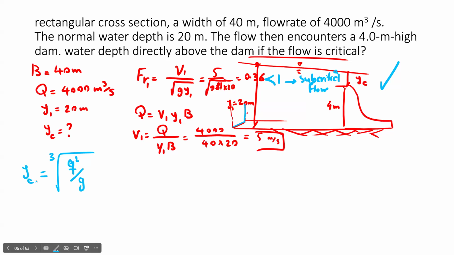I don't have q, but I can easily find that. How? Q over B is a small q, which is 4,000 over 40. The unit is cubic meter per second per unit of width.